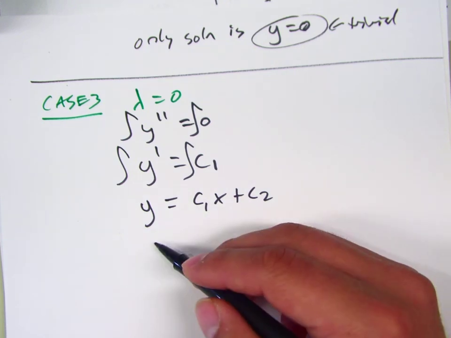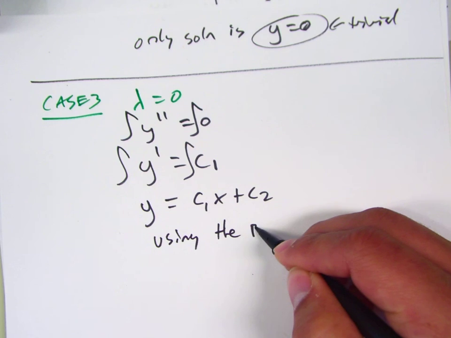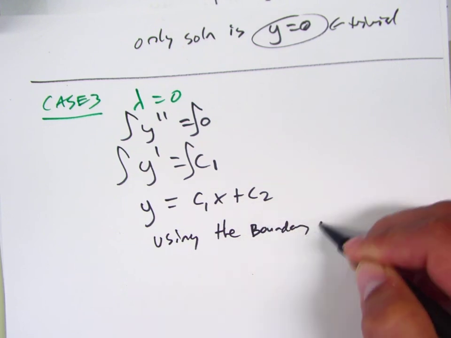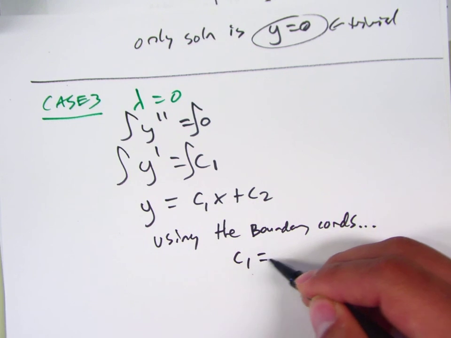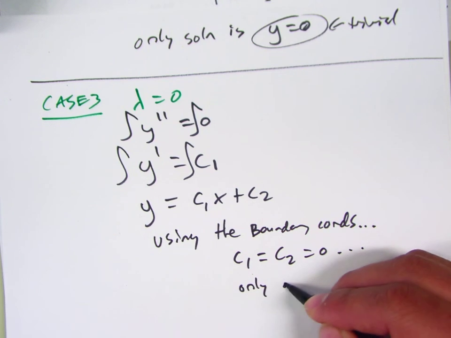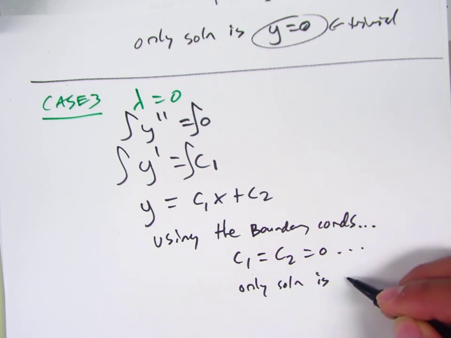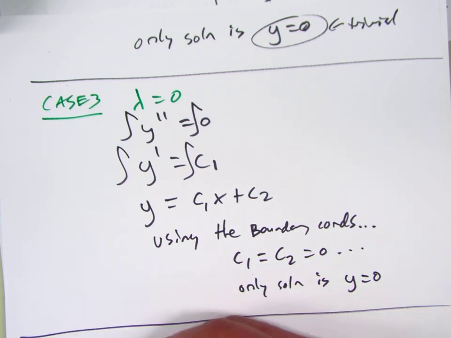And I'll save us the time. So using the boundary conditions, we get that C1 and C2 both have to be 0 again, which means the only solution is y equals 0. Okay? So therefore, here's the conclusion.